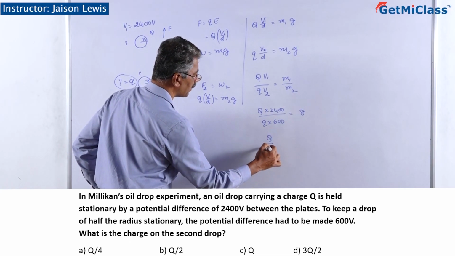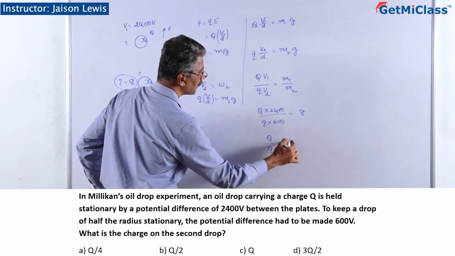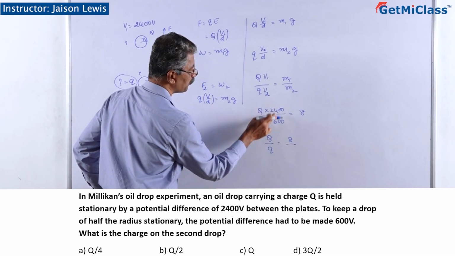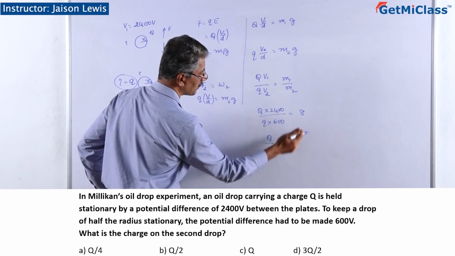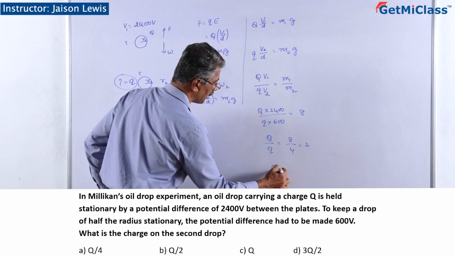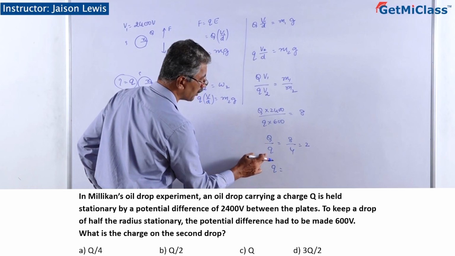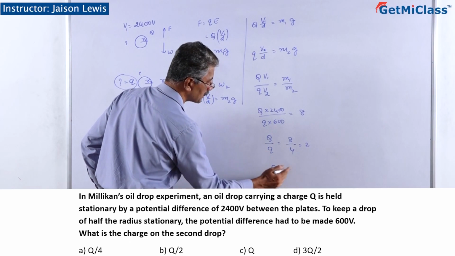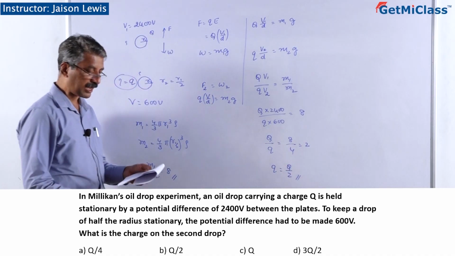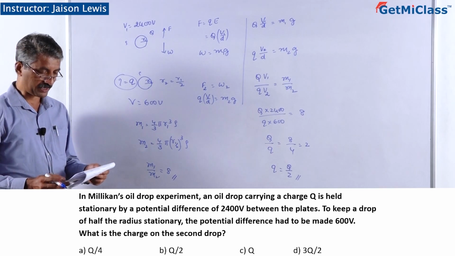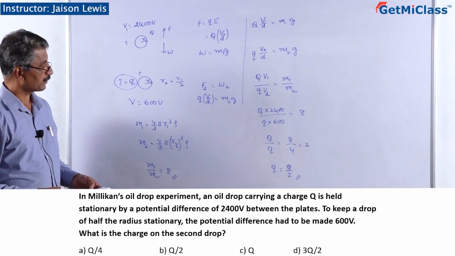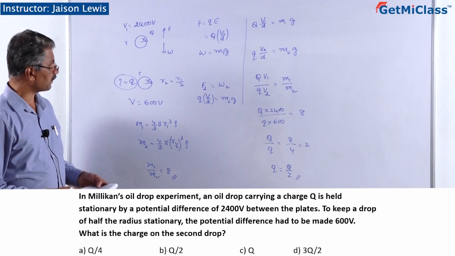Therefore, Q divided by small q is equal to 8 divided by 2400 by 600, 24 by 6 is 4. 4 goes to the denominator, and 8 by 4 is 2. Hence, we got the value of Q by small q is equal to 2. Therefore, small q is equal to capital Q divided by 2. So the charge should reduce to half the initial so that we can hold it between the two plates.